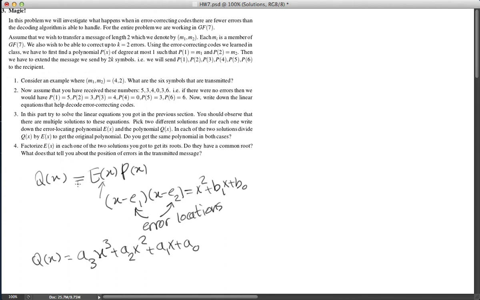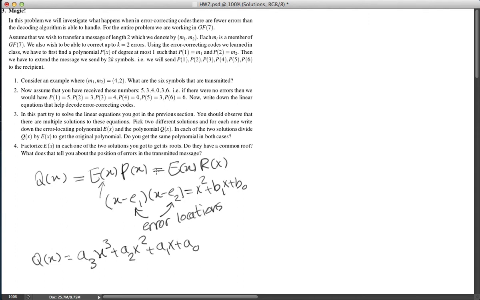Now remember, we defined q of x in terms of this identity, but this is itself equal to e of x times r of x, where r of x is the message that we received, which might have errors at some point.